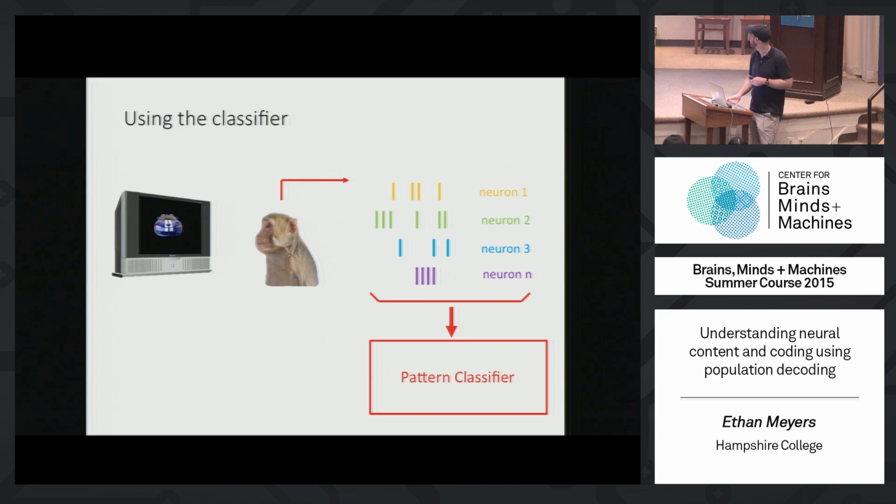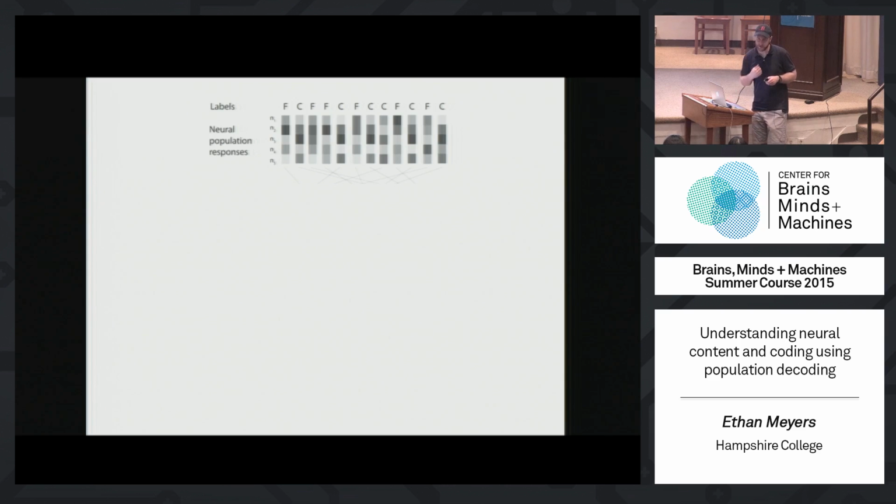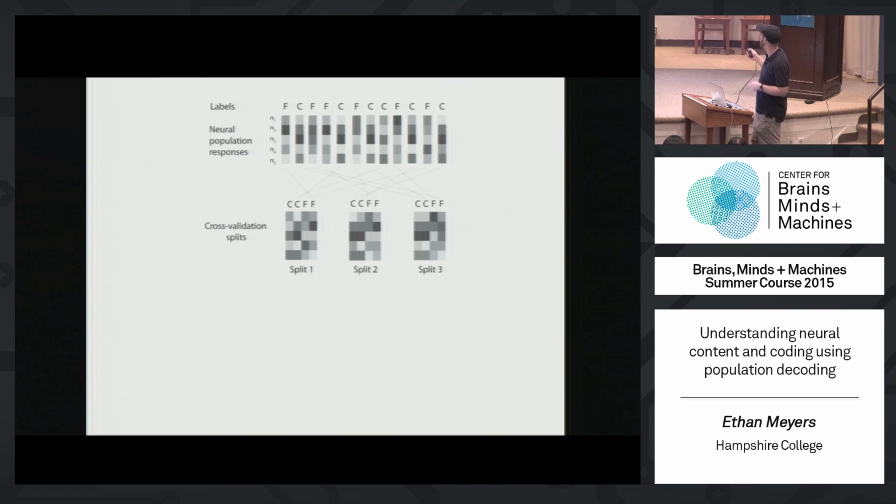In reality, what we usually do is run the full experiment, so we collect all the data beforehand. Then we split it up into different splits. Let's say this experiment was faces and cars.